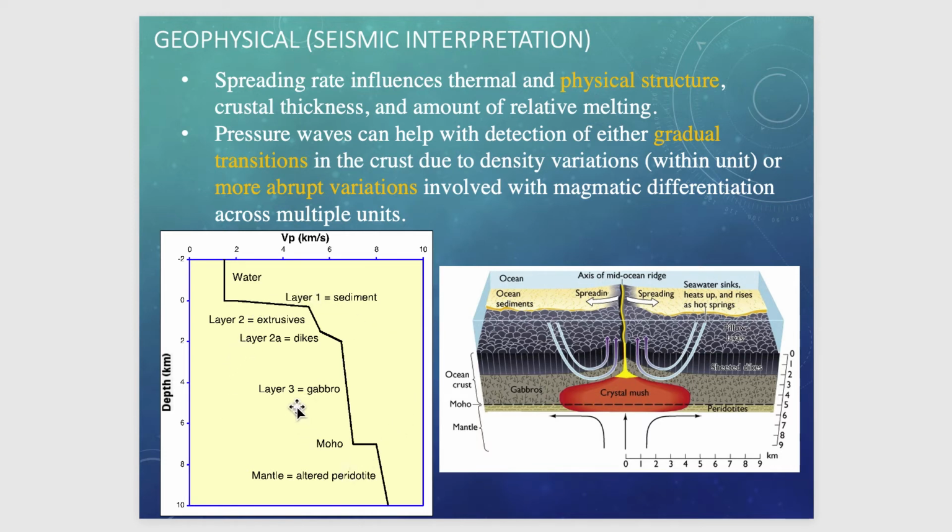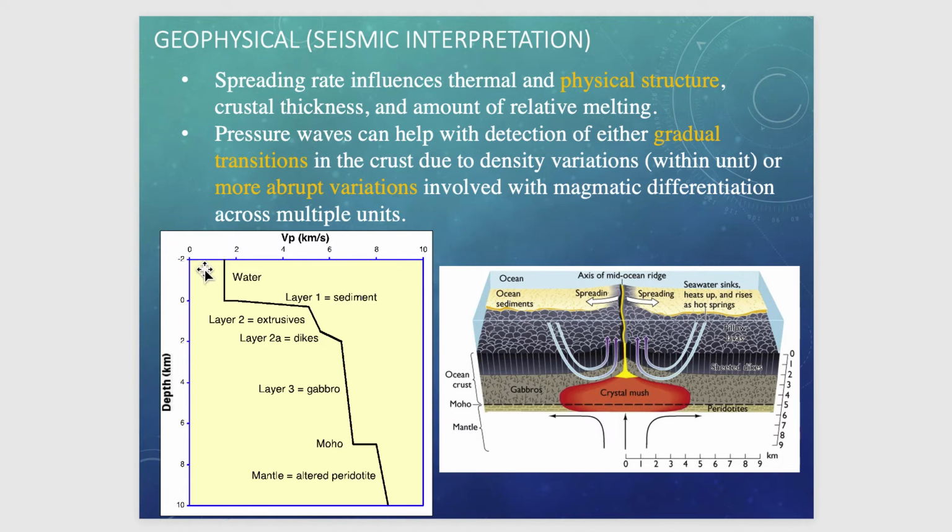In a setting like this, in which we have different stratifications related to the different composition of the magma that is crystallizing during spreading, we tend to record a sharp variation in the velocity of pressure waves. So P usually stands for pressure, and the other type are S waves, which are shear waves.